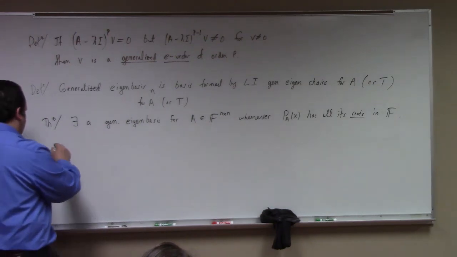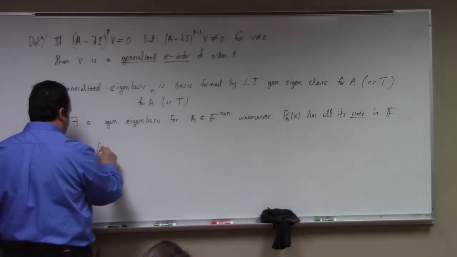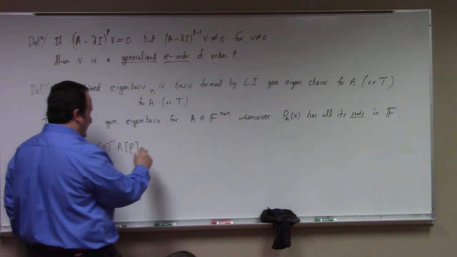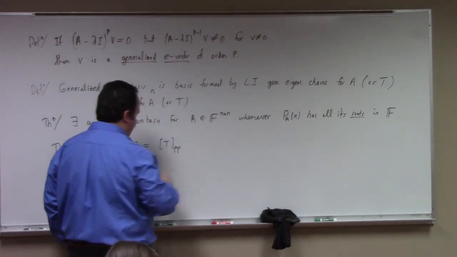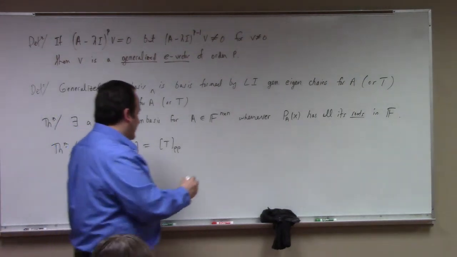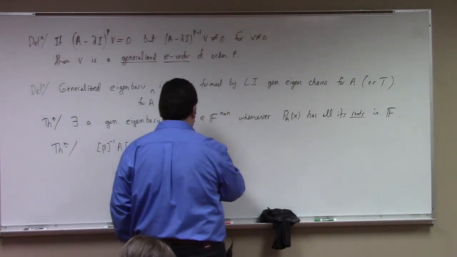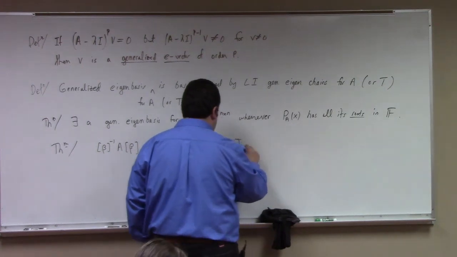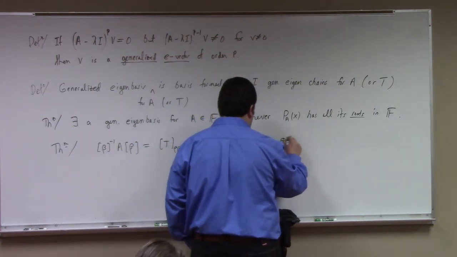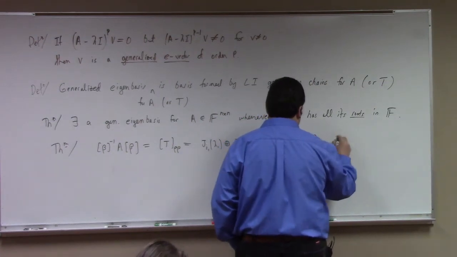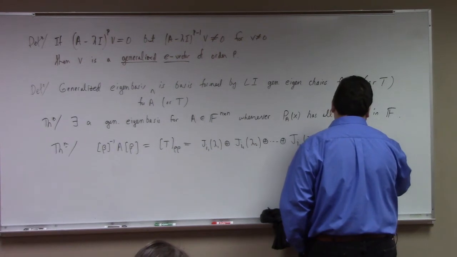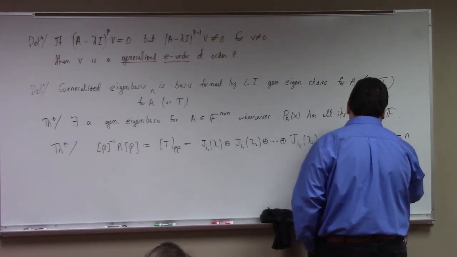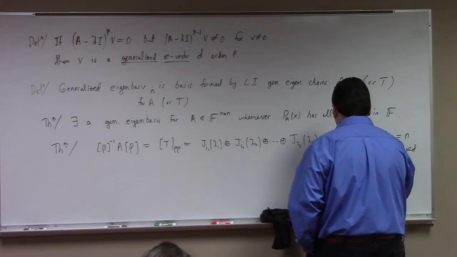But if it is the case, then there's another theorem which says that if we take this generalized eigenbasis and we similarity transform A like that, or if we look at the matrix of T with respect to the beta basis, then with respect to the generalized eigenbasis, the matrix looks like J_i1 of lambda 1 direct sum J_i2 of lambda 2 direct sum ... direct sum J_is of lambda s, where i1 plus i2 plus ... plus is sums up to n, and the lambda 1, lambda 2, ..., lambda s need not be distinct.